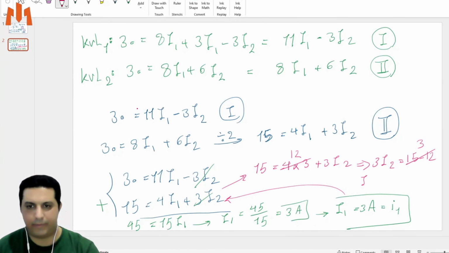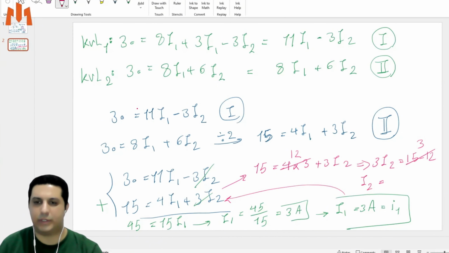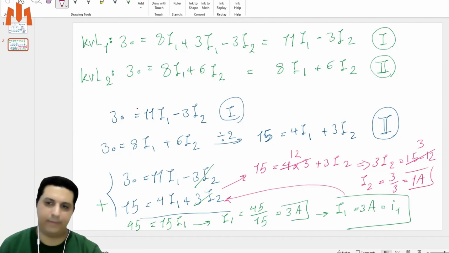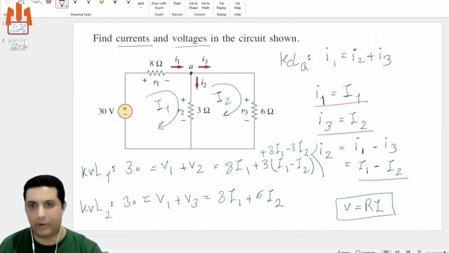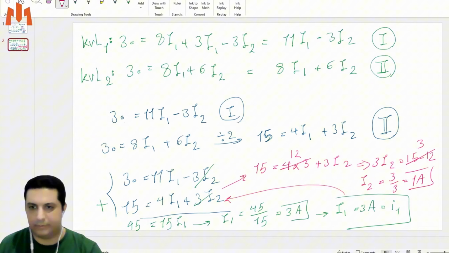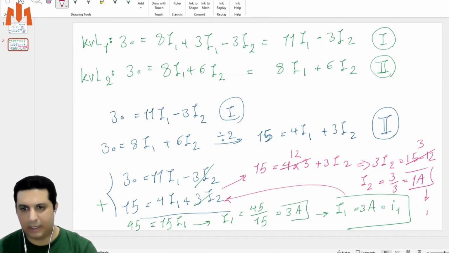So I2 equals 3 divided by 3, which is 1 ampere. But if you look at this chart, as you see, I2 and I3 are the same.